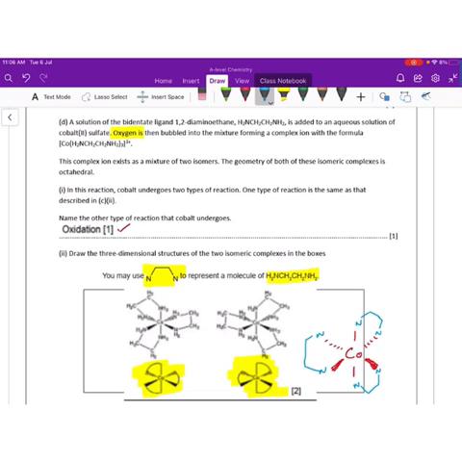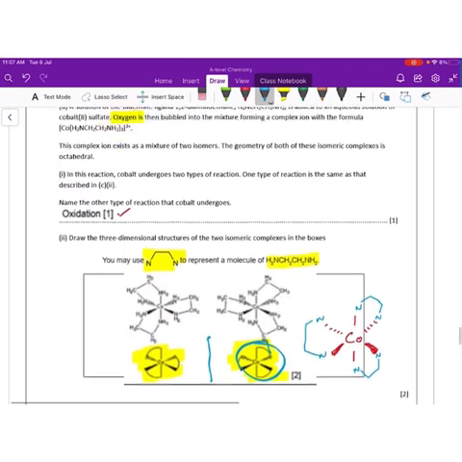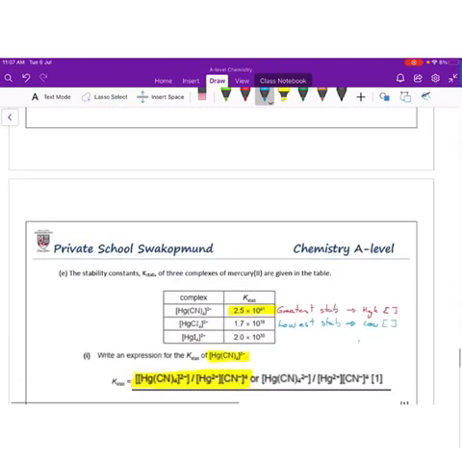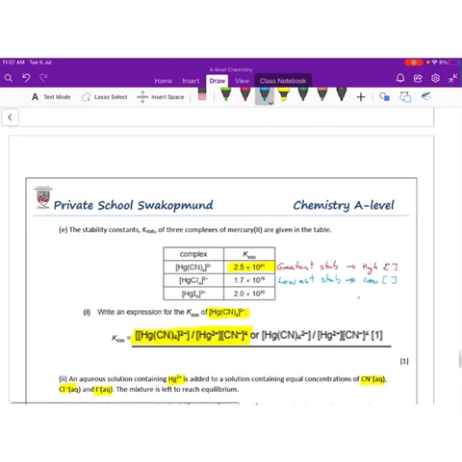So that gives me basically this structure. If we change it slightly, you would say it becomes optical isomers of each other. Guys, that's the long and the short of it for drawing those structures. Please, it's not that difficult. You just need to practice it.